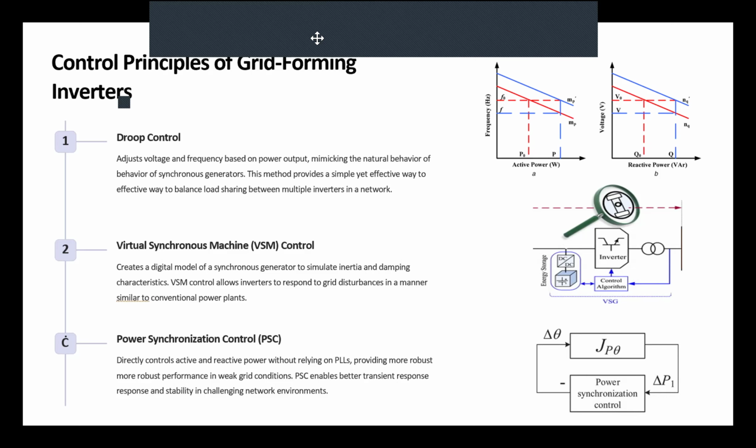Now, if you have millions of those grid forming inverters spread all over the grid, the grid forming inverters are dictating how the grid should behave instead of the conventional rotating machine. Make sense?